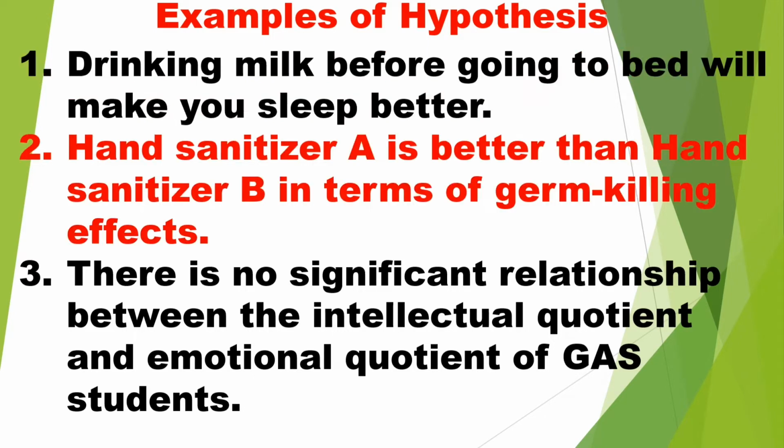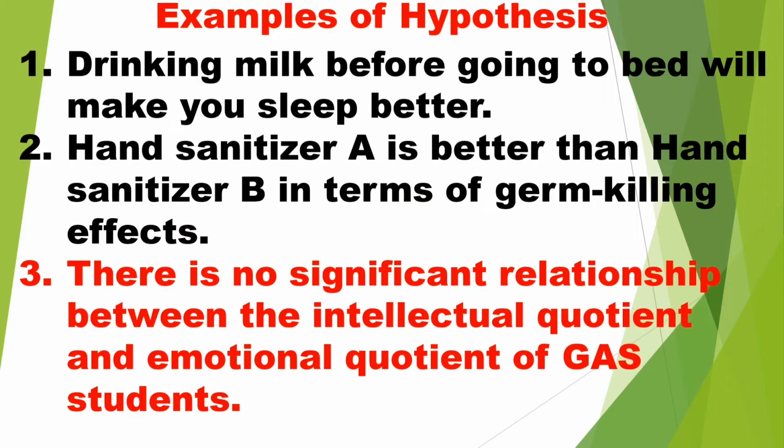Number 2, hand sanitizer A is better than hand sanitizer B in terms of germ-killing effects. Number 3, there is no significant relationship between the intellectual quotient and emotional quotient of GAS students. Again, they are hypotheses because they are statements that need to be proven first before they will be accepted.